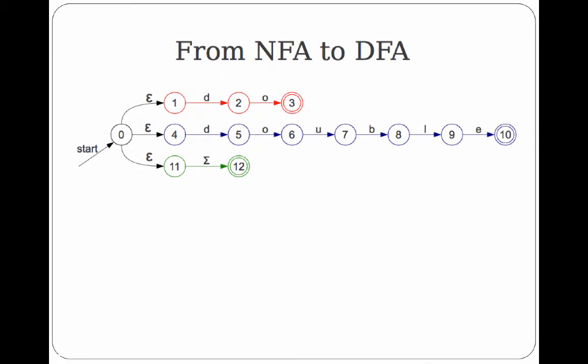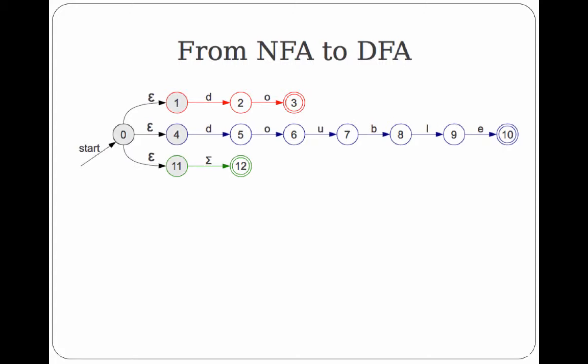Remember our automaton from last time, where we are simultaneously, in parallel, accepting different token classes in our little example. We can convert this NFA to a DFA as follows. We start in the initial state, and remember, because of the epsilon moves, we automatically go to 1, 4, and 11 there.